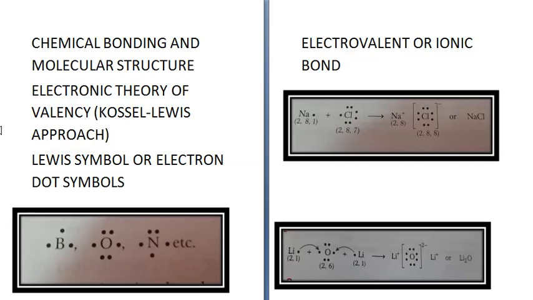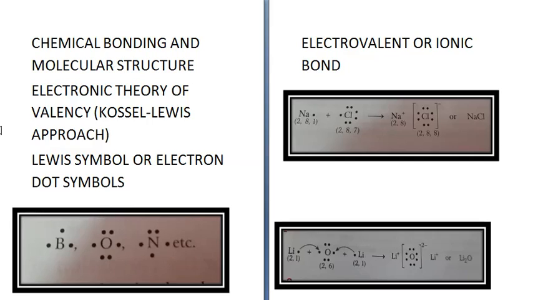It is based on the electronic concept of atom, and it says that the combination of two or more atoms involves redistribution of electrons in their outer shells. This redistribution can be by transferring electrons from one to the other or by sharing of electrons. It takes place in such a way that all the combining atoms acquire stable noble gas configuration and minimum energy.